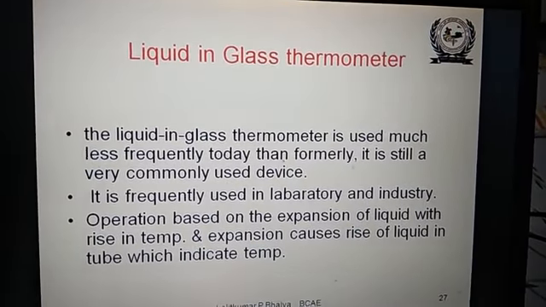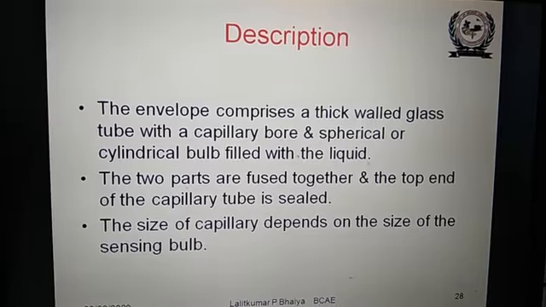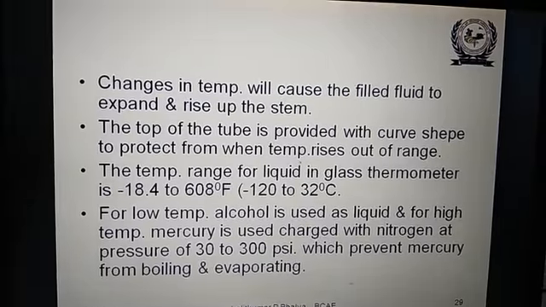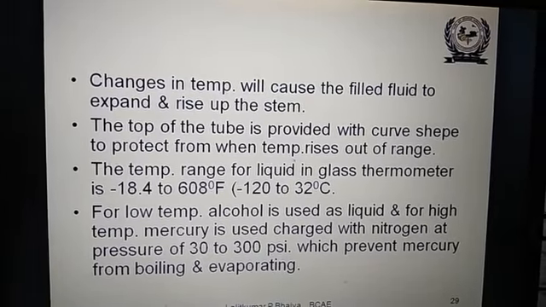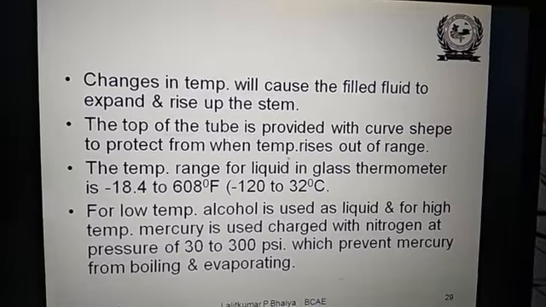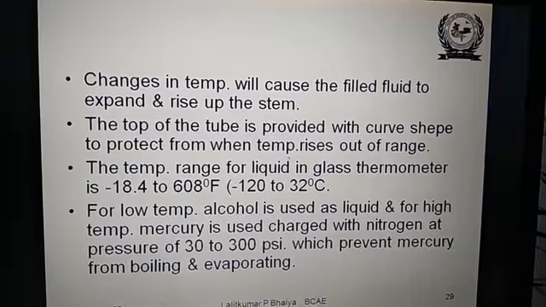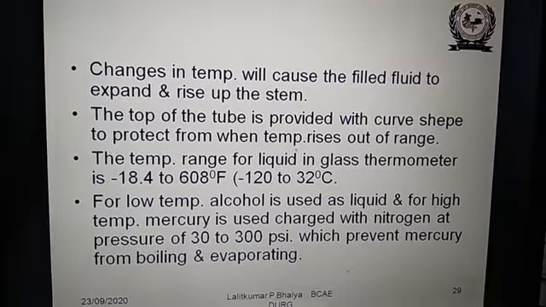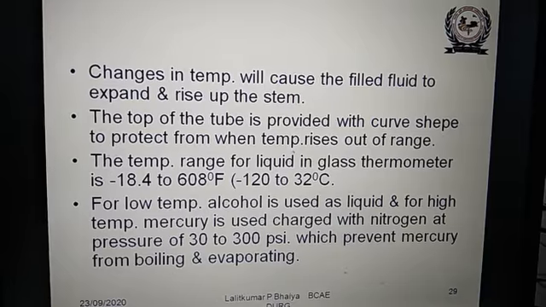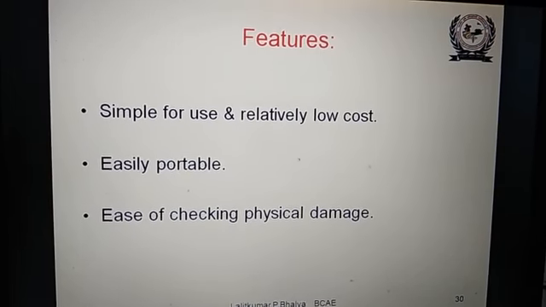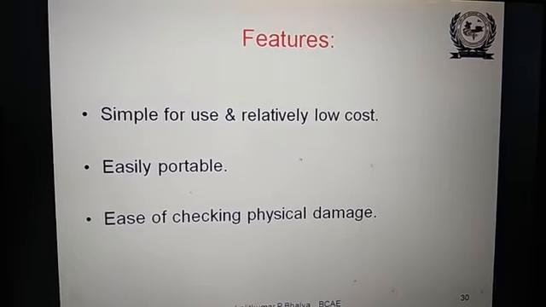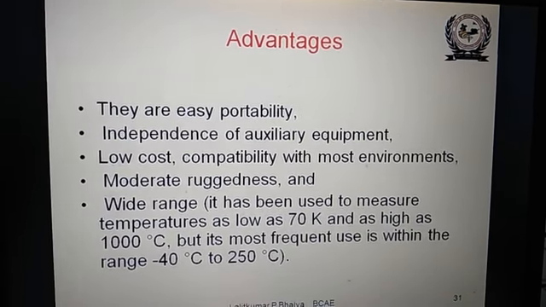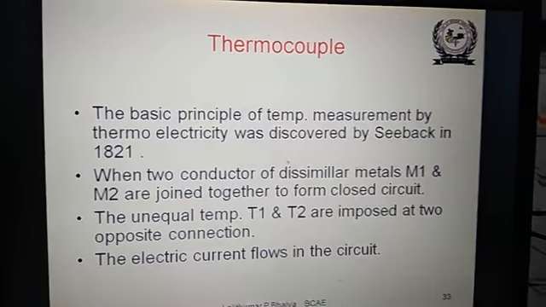Then liquid in glass thermometer, mercury and other liquids. A bulb is produced at one end, and how the liquid is filled in a glass thermometer, we have seen. The level of mercury also. It is simple to use, relatively low cost, easily portable, with ease of checking physical changes. Advantages and disadvantages we have seen.